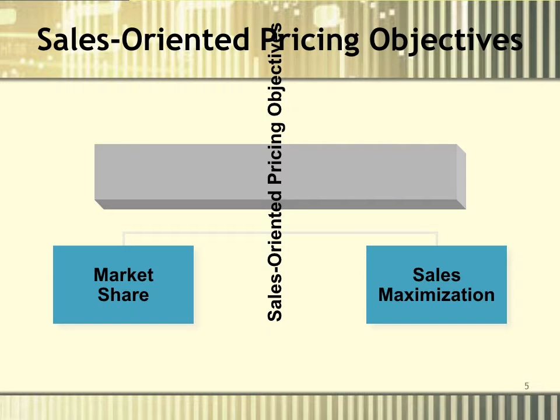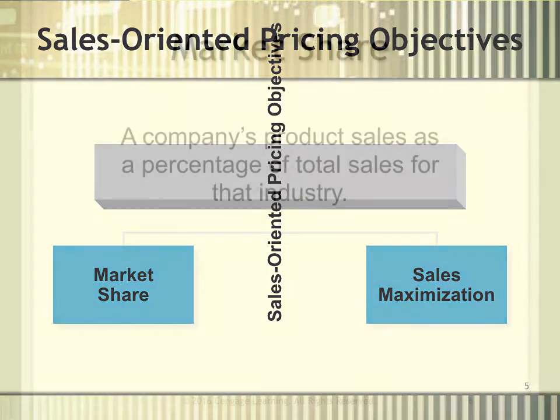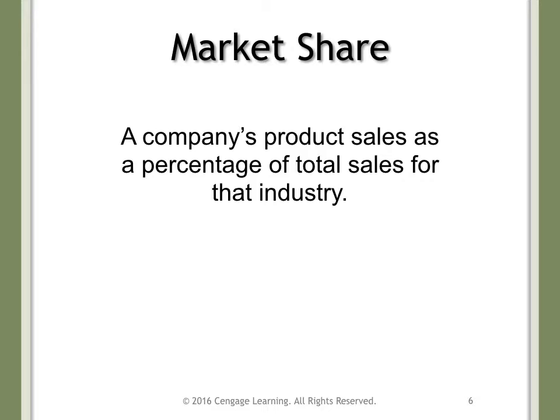Or you may be trying to, if it's a new product introduction, carve out market share. And market share is just your share of the overall industry within a particular sector.